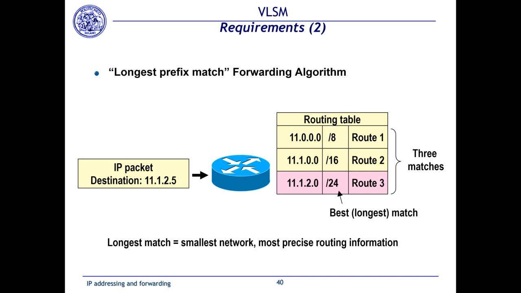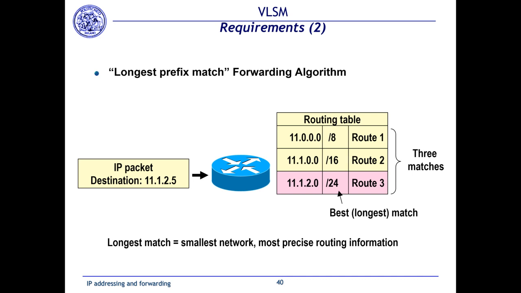Maybe if you sort the table by putting, for example, the longest prefixes on the top and the shortest ones at the bottom, statistically you may improve the number of times you do the check-ins because you stop early as soon as you find the first positive match.